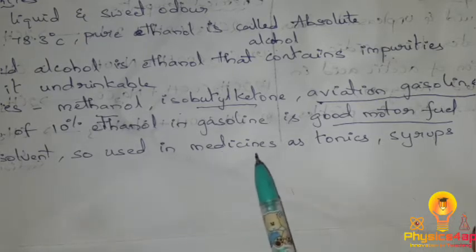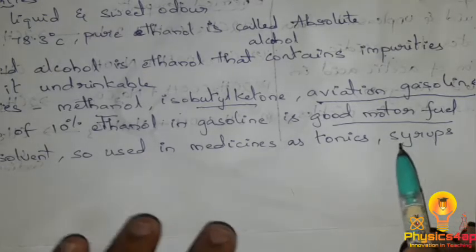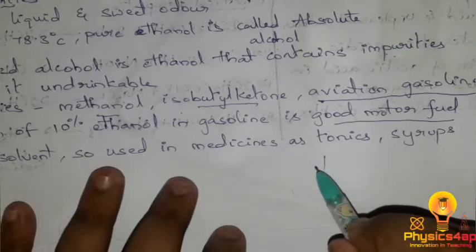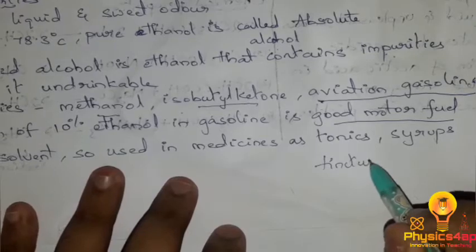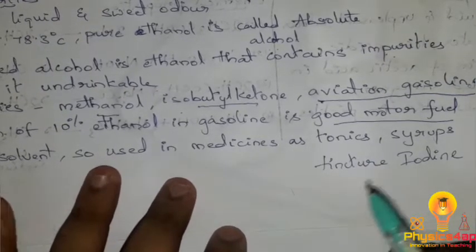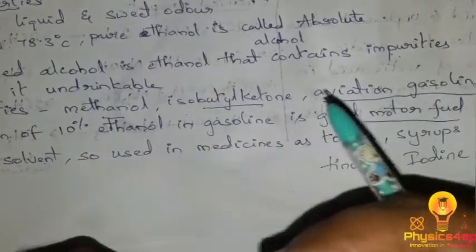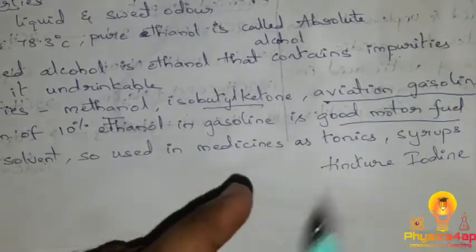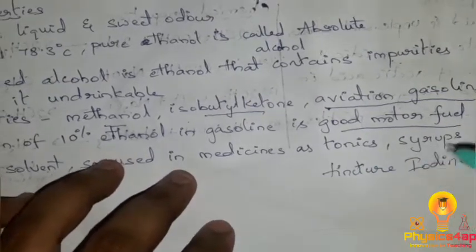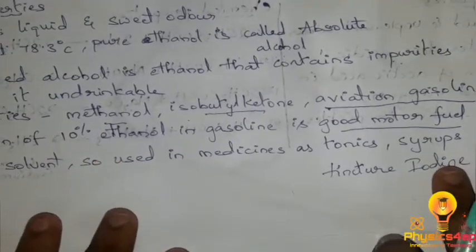So it is used in tonics as well as syrups, and it is also used to make tincture iodine, that is a tincture solution. When doctors give an injection, they first use it to rub the skin. So it is used as tincture iodine also.